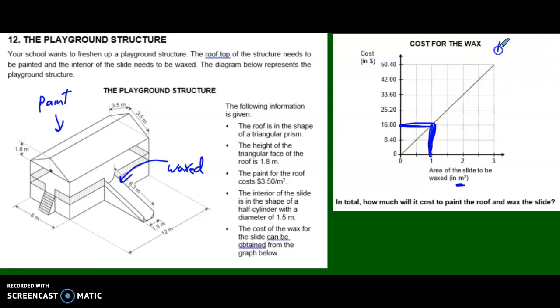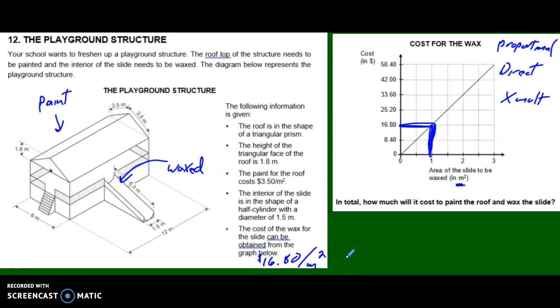This is a proportional situation, or direct variation, which means you can cross multiply. So $16.80 for 1 square meter. I can just write that over here right away: $16.80 per square meter.